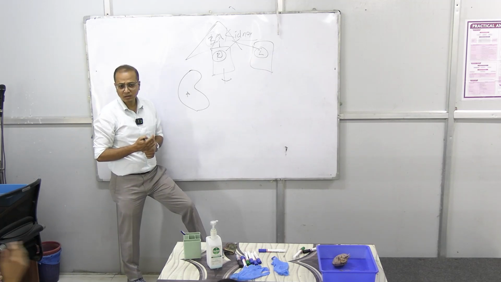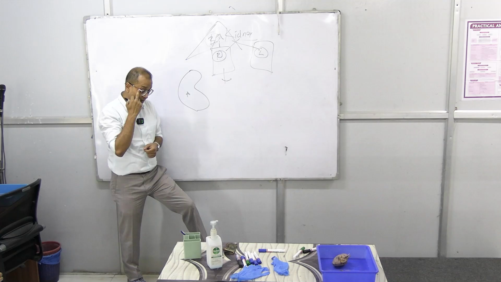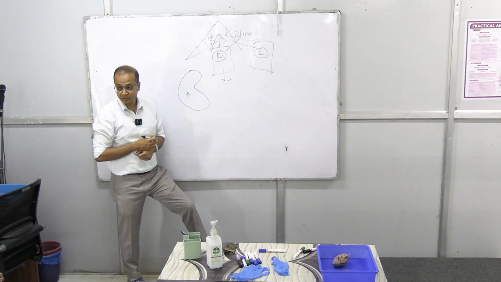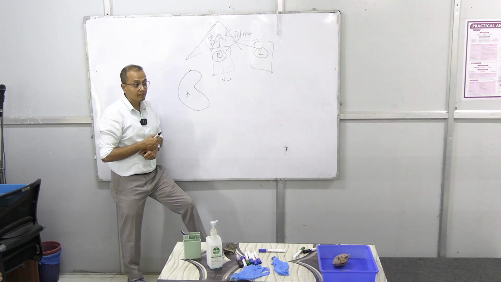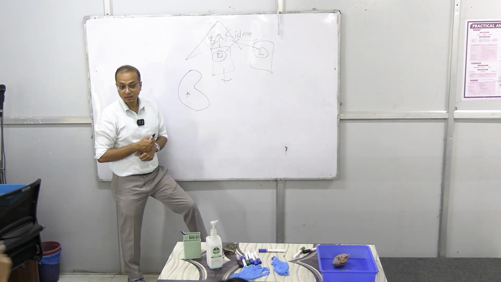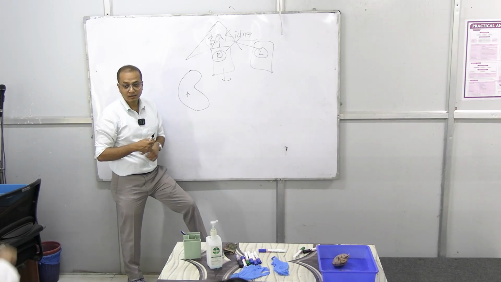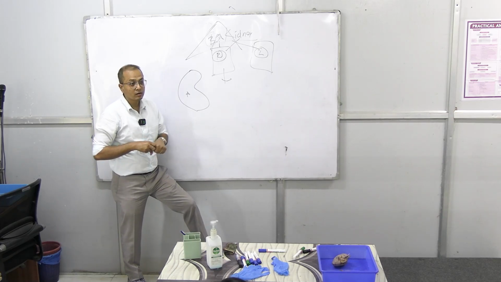The hilum is present on the medial side. What's the special feature of the hilum? Renal artery, renal vein, renal pelvis, and ureter. So they are on the hilum.